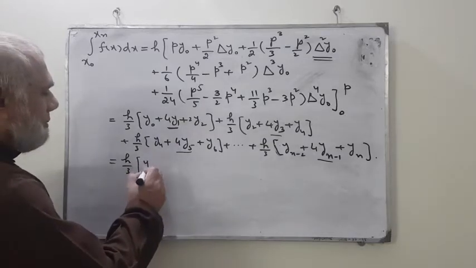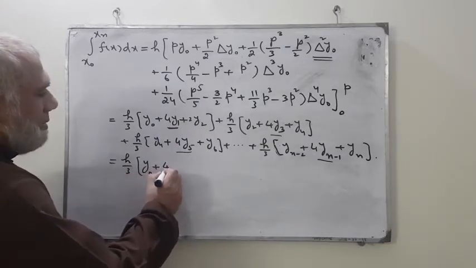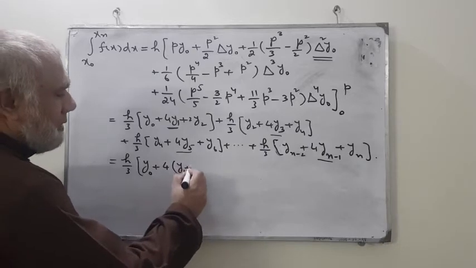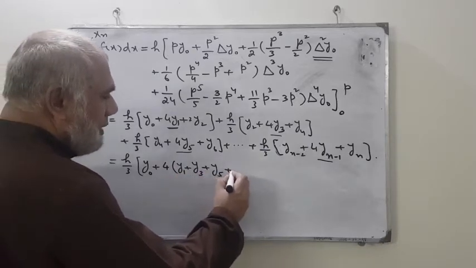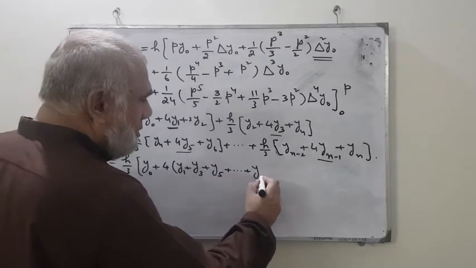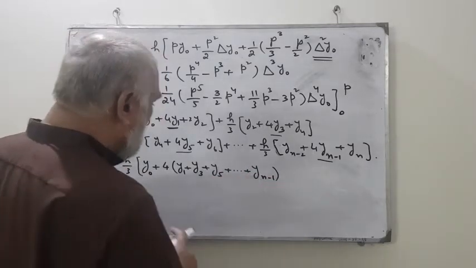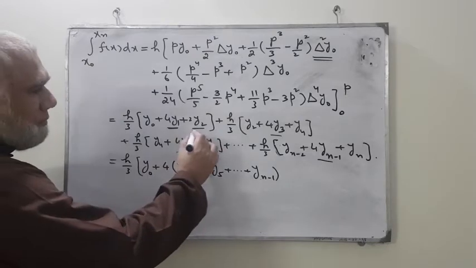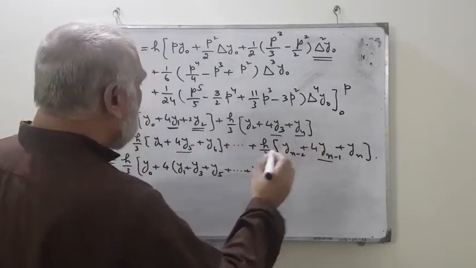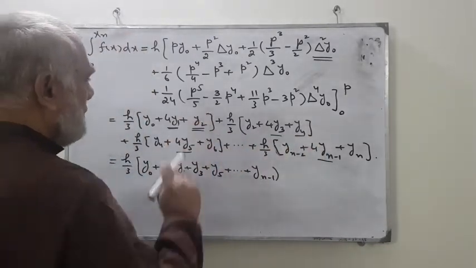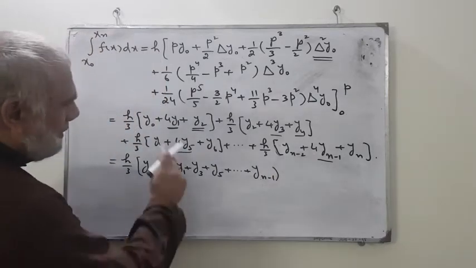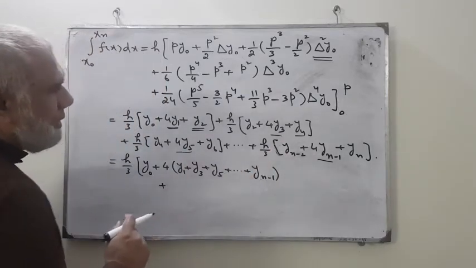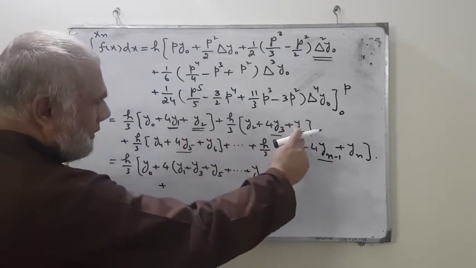So we write them as y0 plus 4 times y1, y3, y5, and keep on writing up to yn minus 1. And all the other terms, which are the even terms, you can see this is y2 only, not 2y2, so all these are appearing twice.